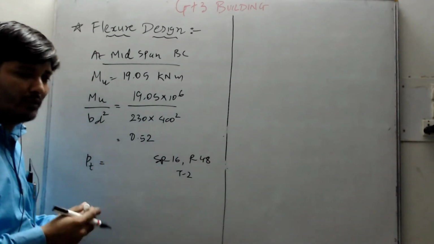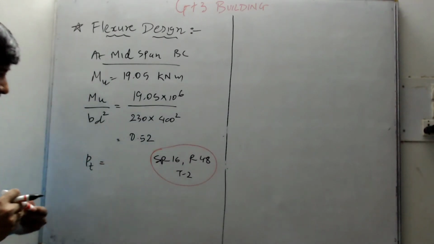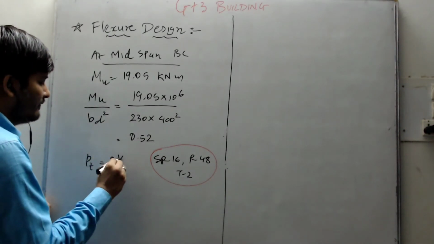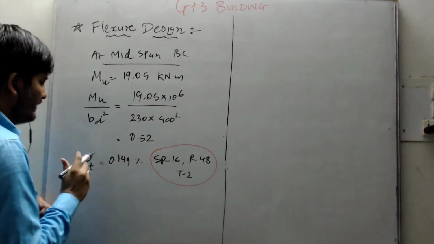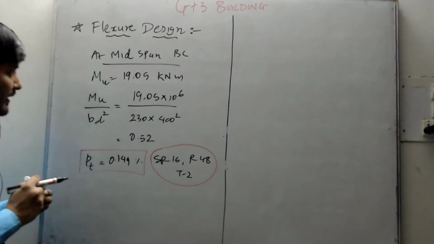So I'm not going to show you this again, right? You can refer to your SP16 and find out the value of Pt from table number 2, page number 48 for Mu divided by BD square ratio 0.52. As per my calculation, I am getting this value as 0.149. 0.149 percentage is the value of Pt that I am getting at midspan of BC.